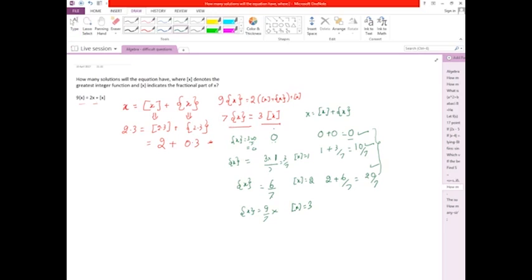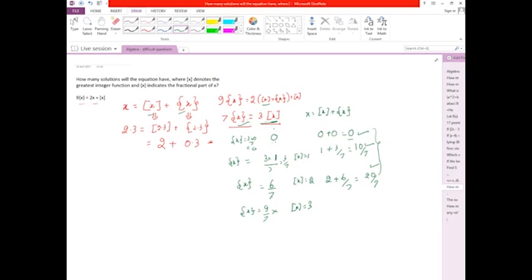We separated x into greatest integer part and the fractional part. From that, when substituting and putting the fractional part on one side, we get this expression: 7 into fractional part is equal to 3 into integer part. That is helpful because we only need those values for which fractional part is between 0 and 1. And the right hand side has to be an integer, as the greatest integer function will return an integer. So we start substituting values.